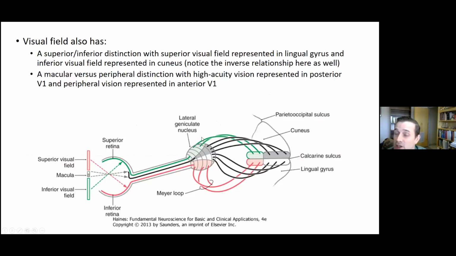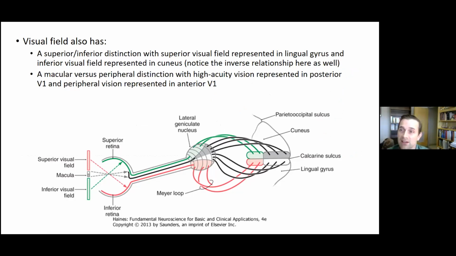You also have a superior and an inferior distinction represented in your primary visual cortex as well. So information that is in your superior visual field will be going to the bottom of your primary visual cortex.